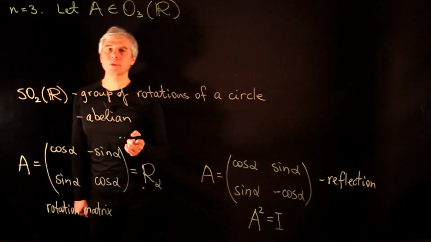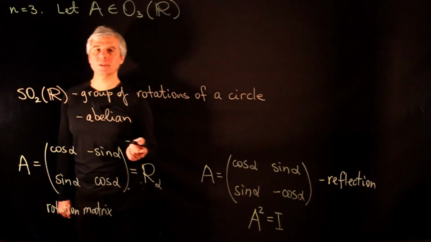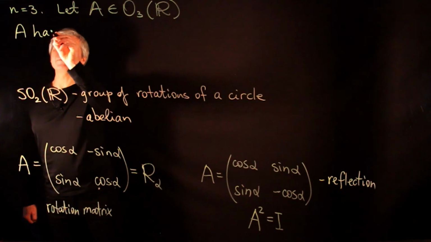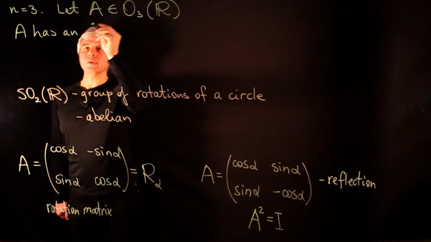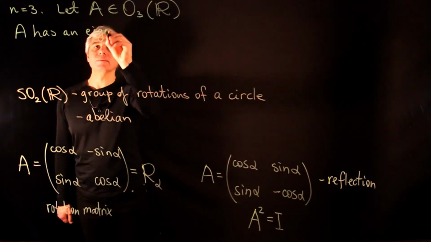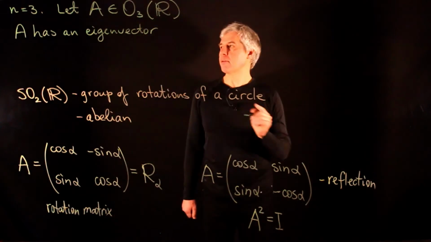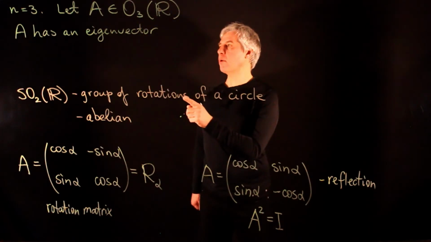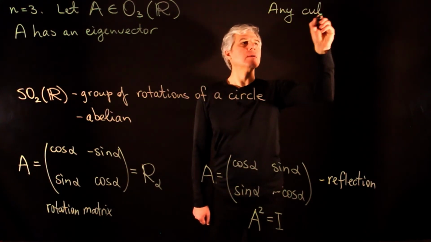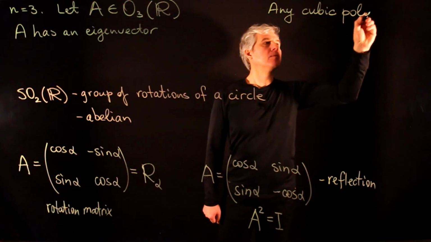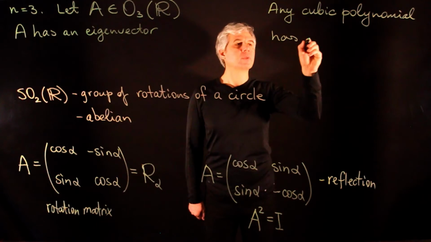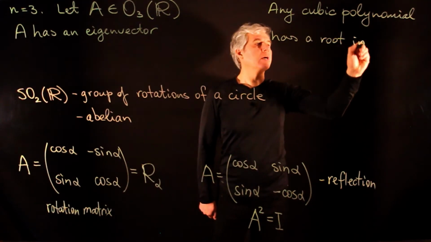An important difference between two-dimensional and three-dimensional orthogonal transformations is that three-dimensional orthogonal transformations have eigenvectors. Any such transformation has a real eigenvector. The reason for this is that the characteristic polynomial of A will be a cubic polynomial, and any cubic polynomial with real coefficients has a root in real numbers.